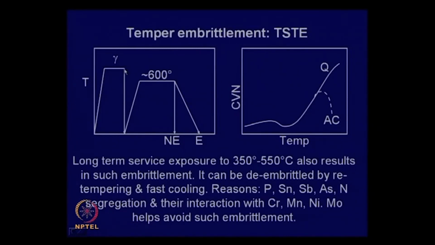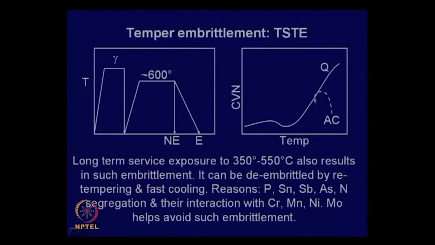This is the normal hardening: you heat it to austenite, quench, and then you temper it at 600 degree centigrade, and if you quench it after tempering, then you find the toughness is high, but if you cool it slowly, then you find the toughness is low, and this is the plot which shows the Charpy V notch value against tempering temperature. So, this is that 250 tempering; this does not occur the second time you temper, you do not get this, but this is reversible, this can occur again.